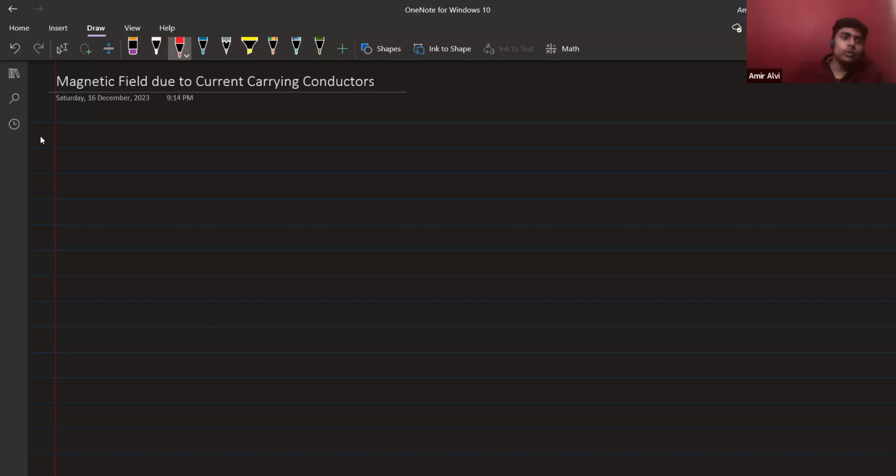We have three general conductor shapes. The first is the straight conductor, the simplest and most used. A straight conductor means a wire; the word straight wire can also be used. Second is a circular loop.